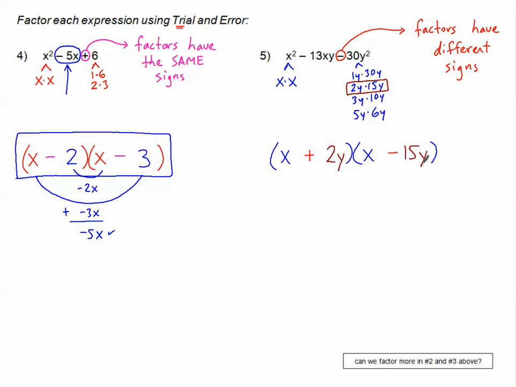We should always check ourselves to make sure that we're correct. If I multiply the inner terms, I get 2xy. If I multiply the outer terms, I get negative 15xy, and when I add those like terms together, I do get my negative 13xy, which is exactly what I needed here in the middle, so I know that I'm correct.